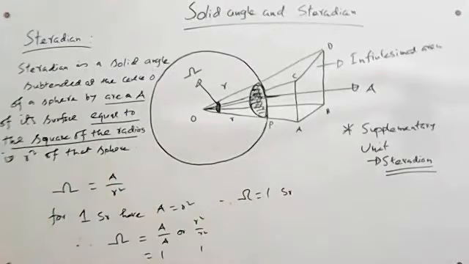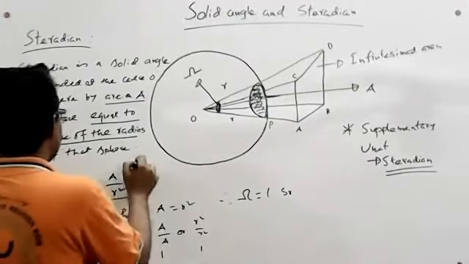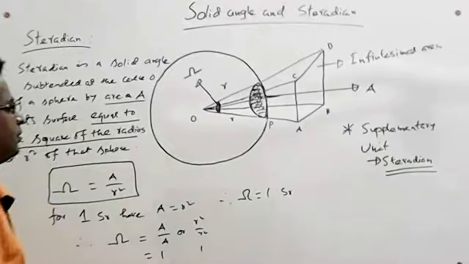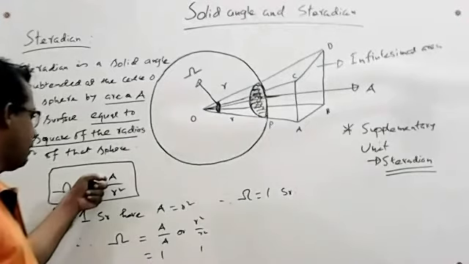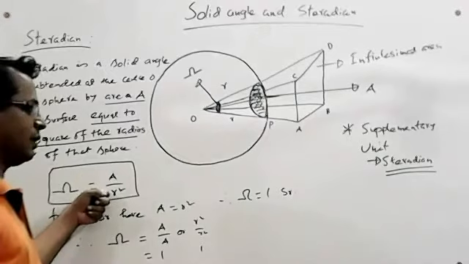So it is an important formula or condition that from this definition, if we want to calculate one steradian, then we have to put r square for A or A for r square.